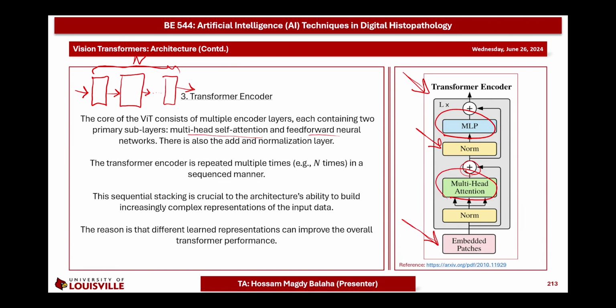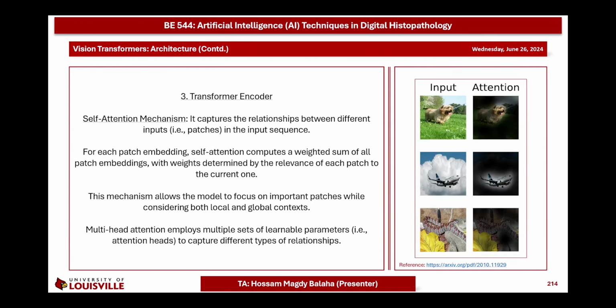So now we have embedded batches, which are applied to a sequenced manner of encoders, and each encoder will contain the same components. The first component is the multi-head attention. Inside the multi-head attention, there is something called the self-attention mechanism. The self-attention mechanism captures the relationships between different inputs, which are the batches in the input sequence.